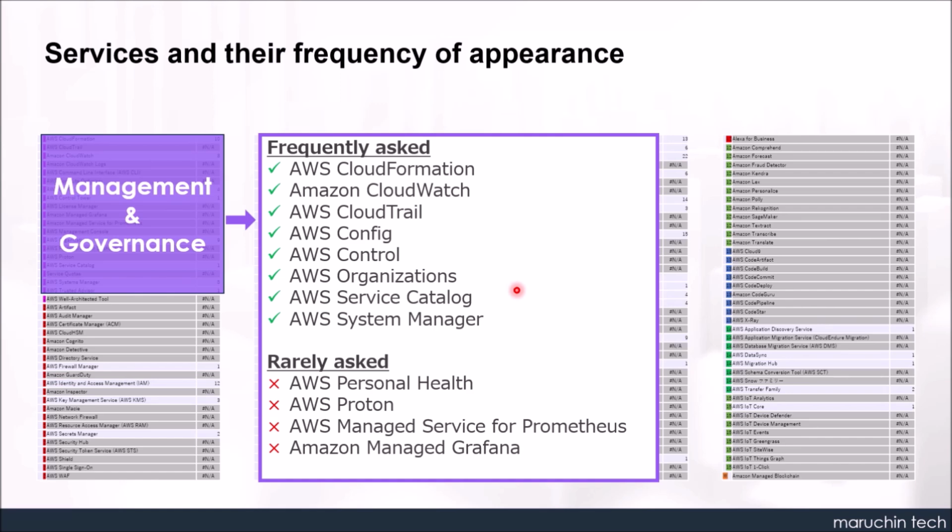In the context of operational automation, the AWS Systems Manager's Automation feature and Patch Manager are frequently tested. Additionally, in the context of security, Parameter Store is also commonly covered.